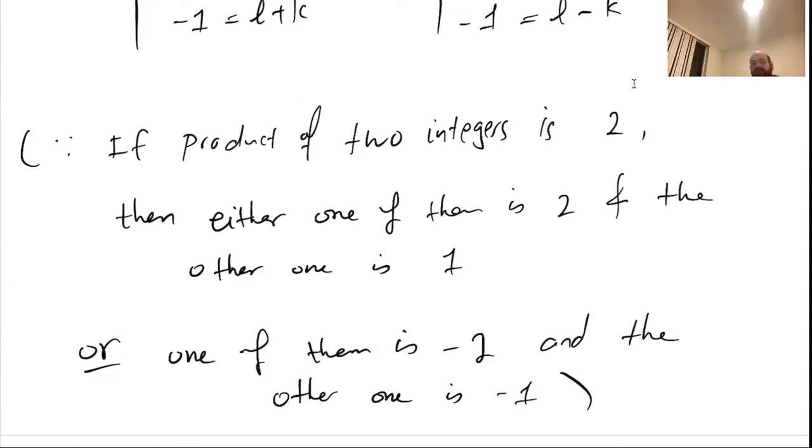So the only way to write 2 as a product of two integers is either 1 times 2 or 2 times 1, or minus 1 times minus 2 or minus 2 times minus 1.